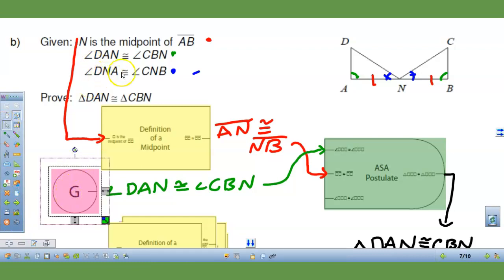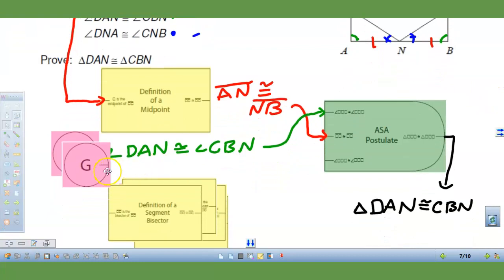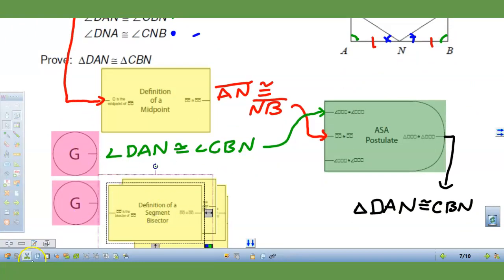And third, we have this other that's just given. So I actually have two givens here, so I'd use two G's.